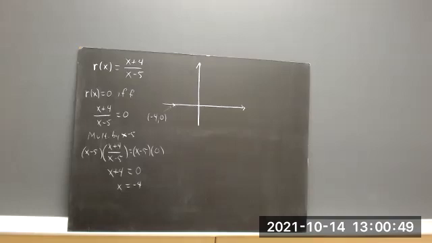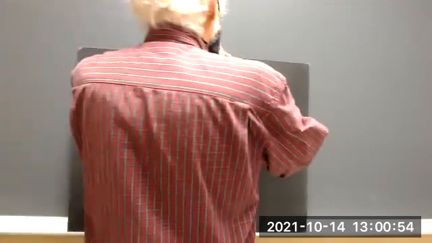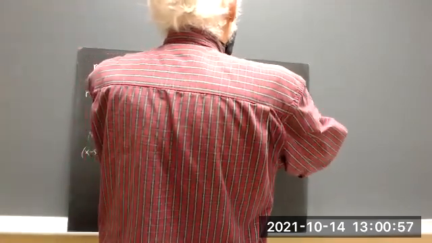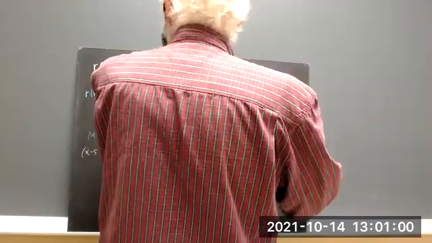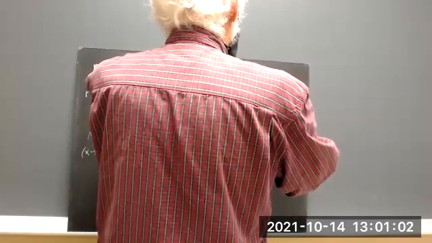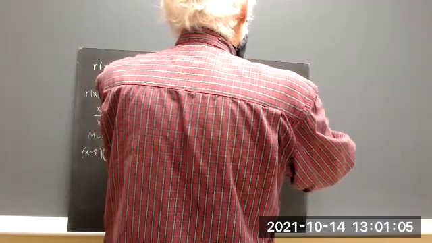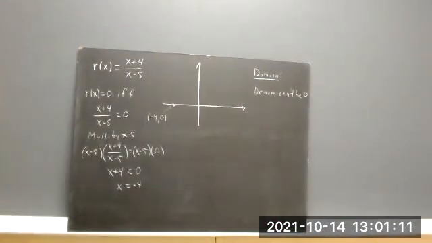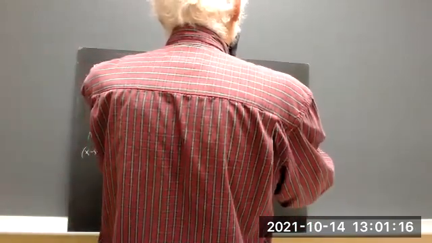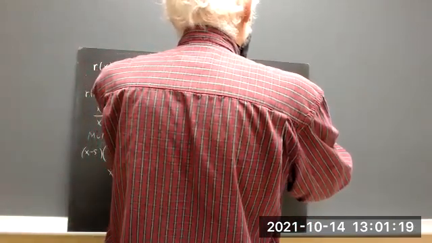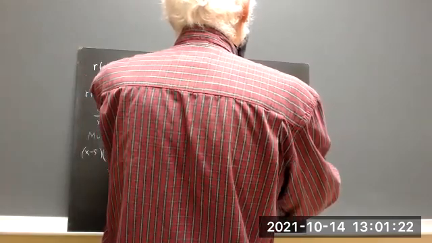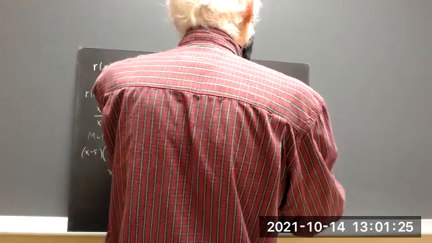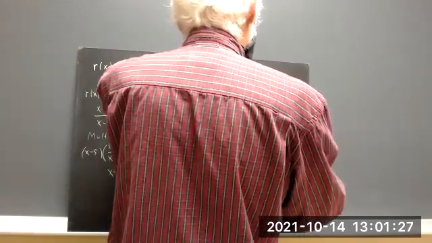Well, the domain: the denominator can't be 0. The denominator is 0 if x minus 5 equals 0, x equals 5.